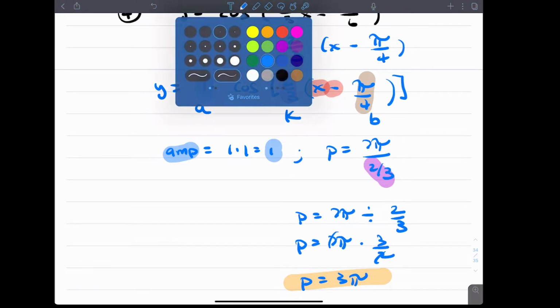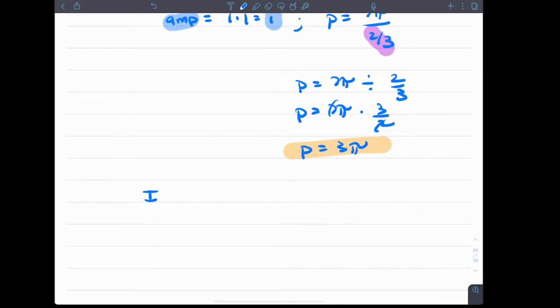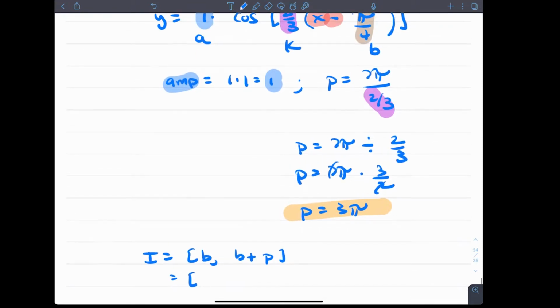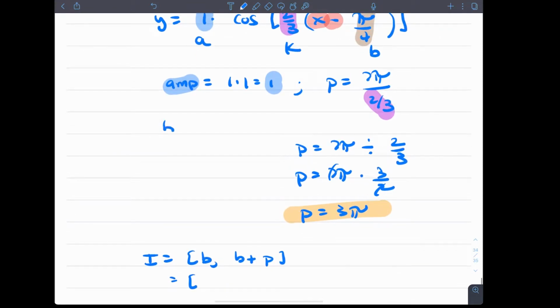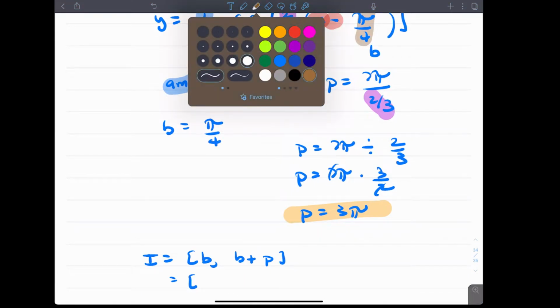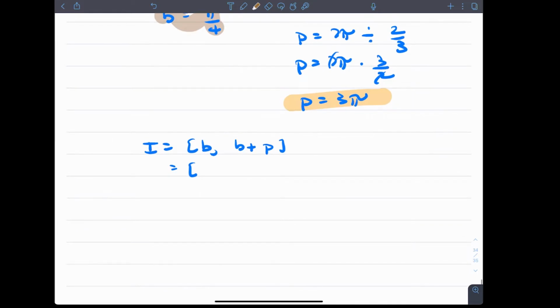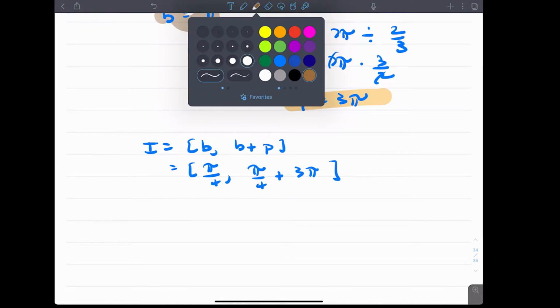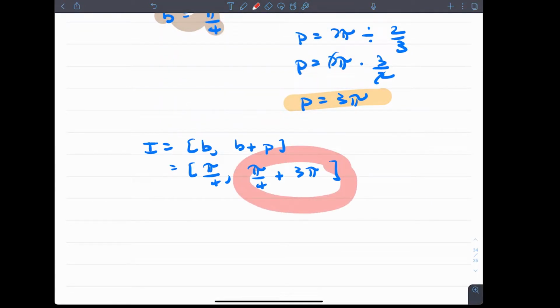What's your interval of one cycle? You start at B, you end at B plus P. So we're starting, if we say, what is our B? Our B, oh, we didn't even write that down. B is what? That's pi over 4. That's the phase shift. Okay. So we now have pi over 4 plus 3 pi. So again, it's arithmetic with what? With our fractions. Is that right? Notice the denominator's 4.